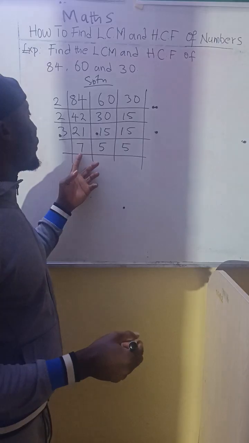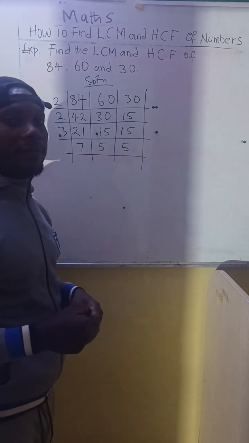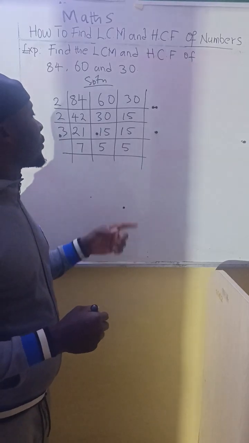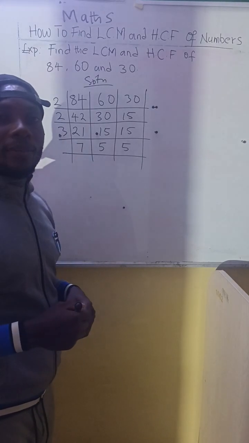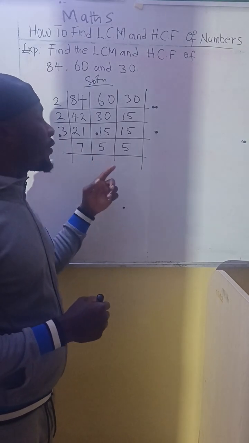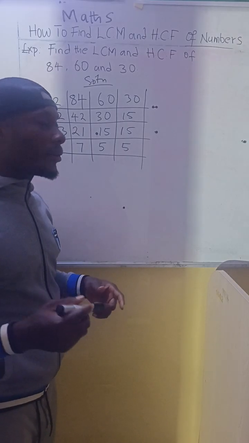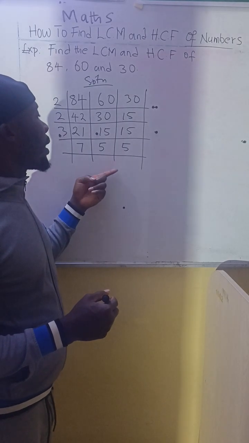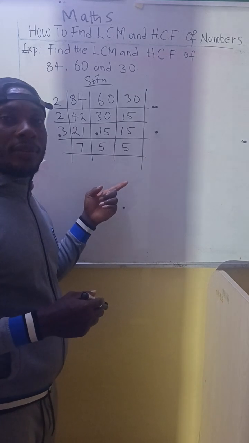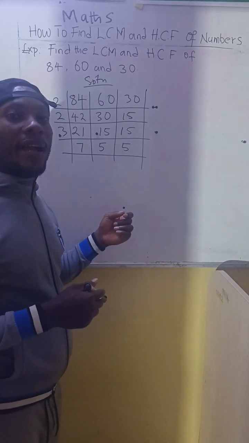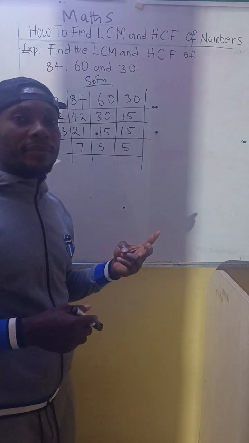We have 7, 5, and 5. At this point, 7 is a prime number, 5 is a prime number, and this other 5 is also a prime number. So we'll now look for a prime number that will divide at least 2 numbers.